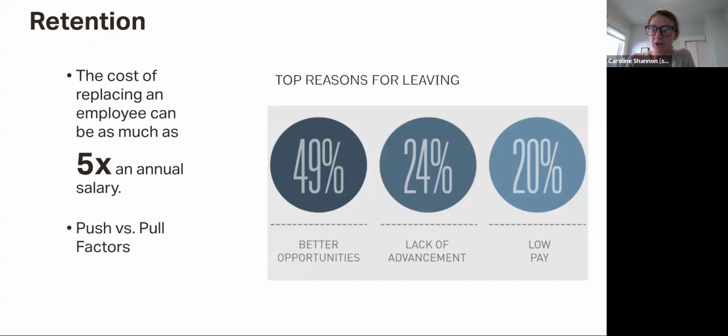And as the firm, what are you doing to make sure that you have the right pull factors for people? And so better opportunities we would classify as a pull factor. You're being pulled somewhere else because there's more opportunities there, versus push factors, lack of advancement, or low pay.